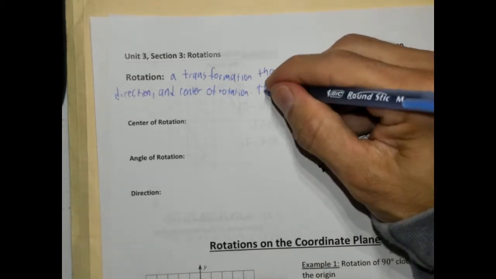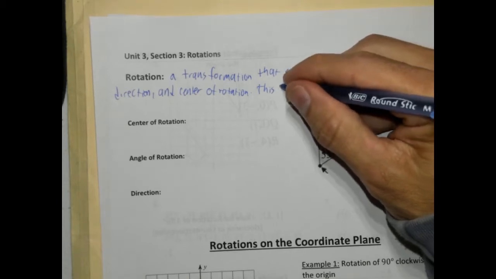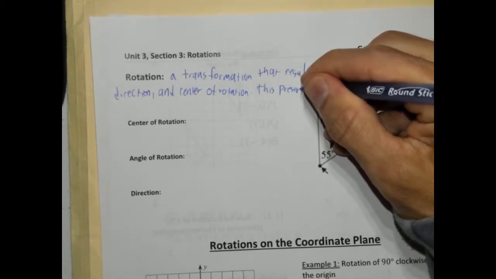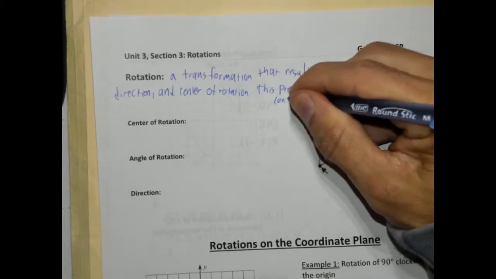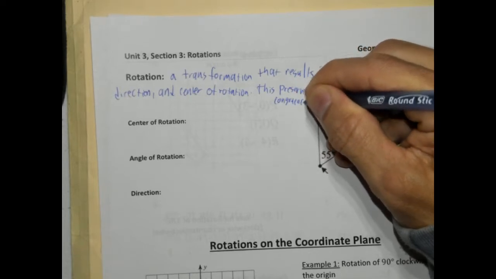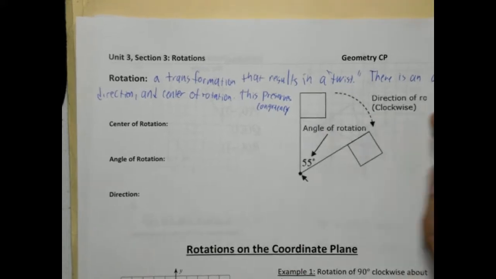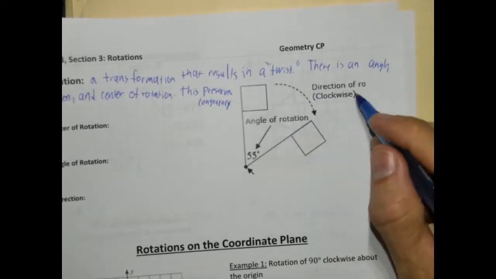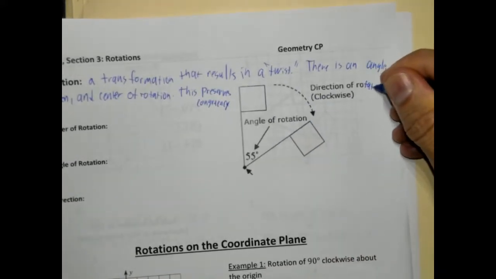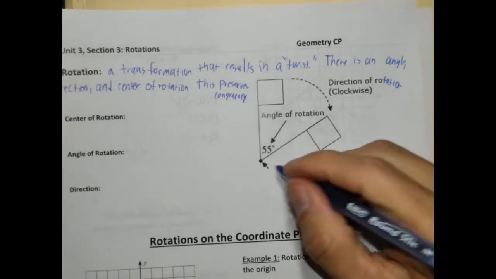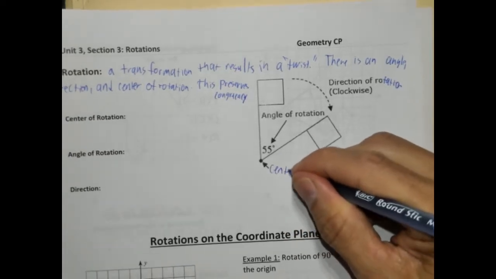And this also preserves congruency, just like the previous two. So in other words, our image will be the same shape and size as the pre-image. This got cut off a little bit. This should say direction of rotation. And this is actually the center of rotation down here.